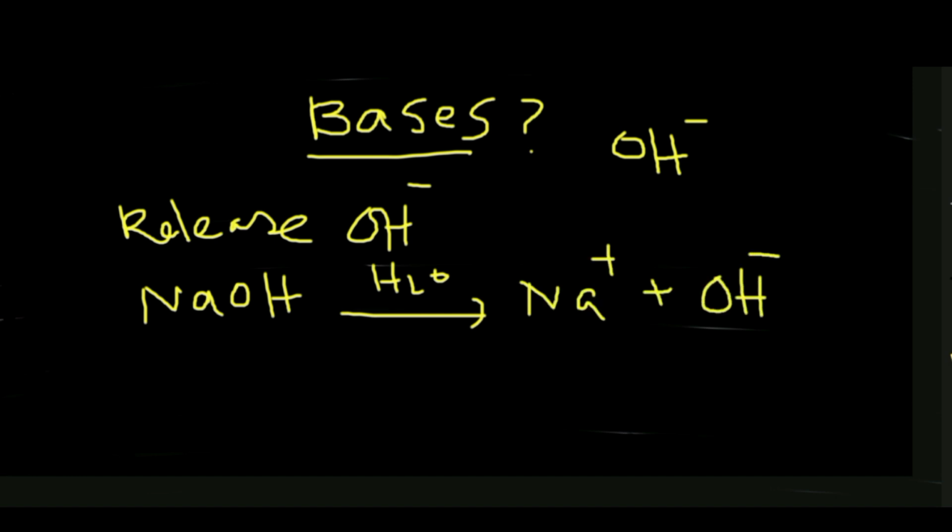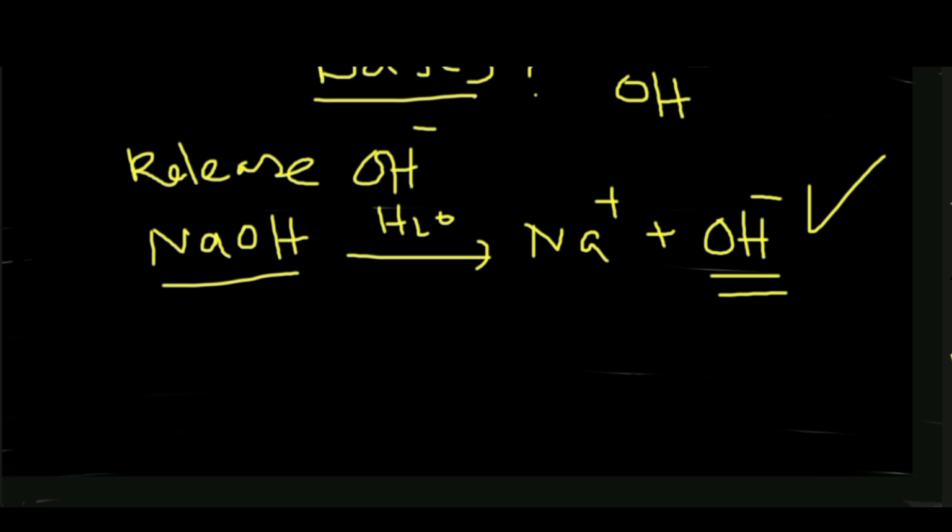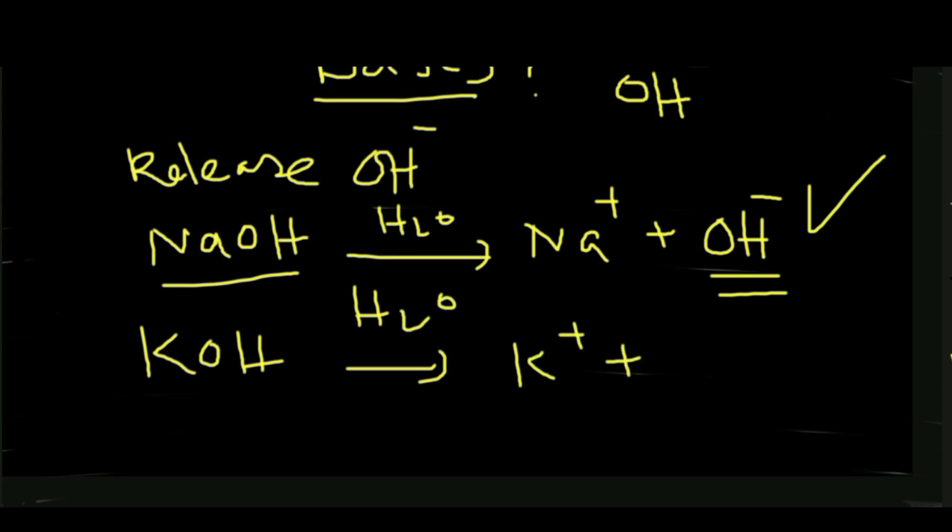As it gives OH ions, this is a base because it produces OH ions in aqueous solution. Similarly, potassium hydroxide, when put in water, also produces potassium ions plus OH ions. Due to these OH ions, potassium hydroxide is a base.